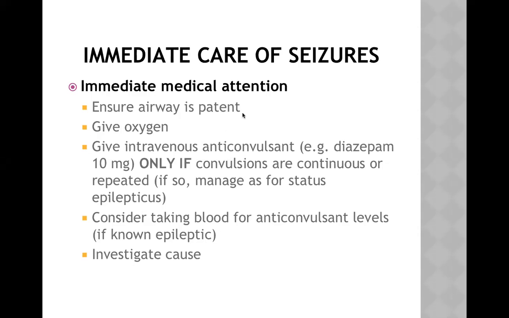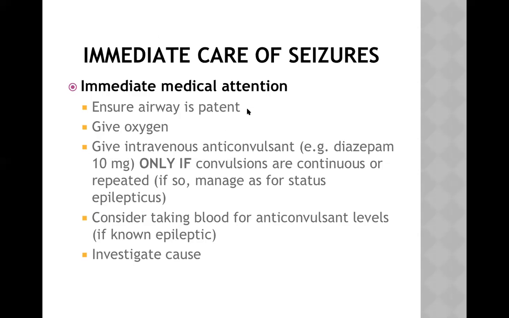Now, what are the different ways to keep this airway patent? Maybe students do not know about this, so let me share with you. Number one is the positioning of the patient again, usually the lateral position first.